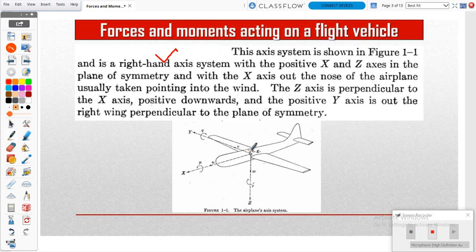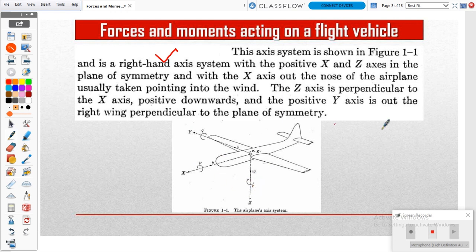And next, we need to give the notation. Angular velocity is small p in the x-axis, with linear velocity small u. For the y-axis, angular velocity is small q and linear velocity small v. For the z-axis, linear velocity is w and angular velocity is small r.